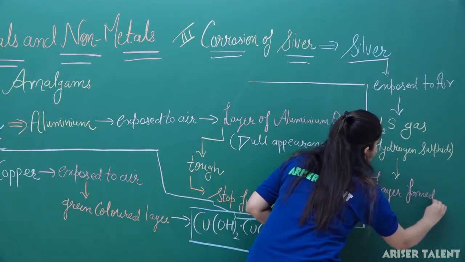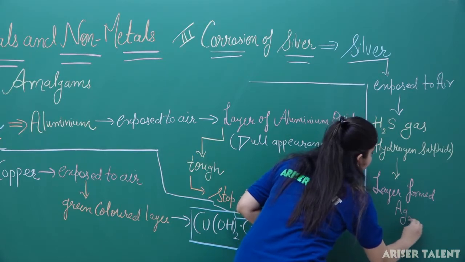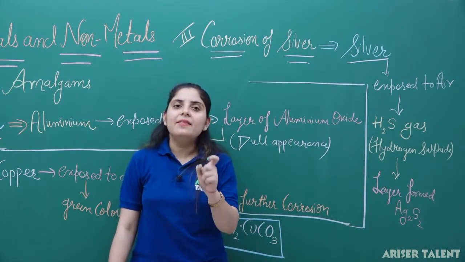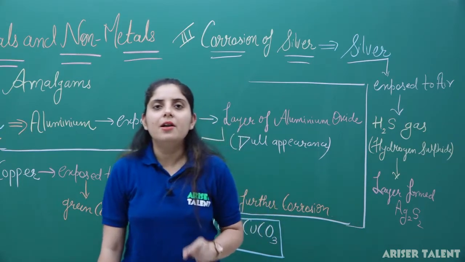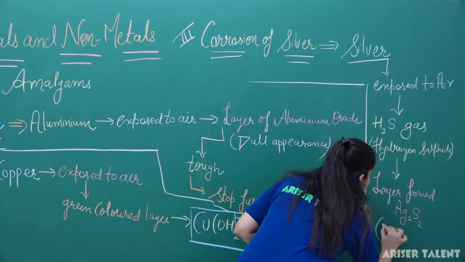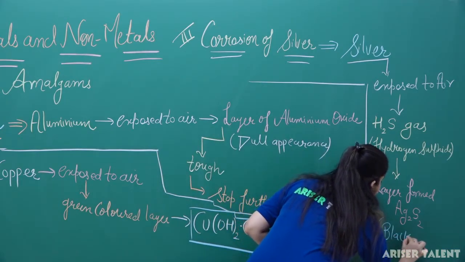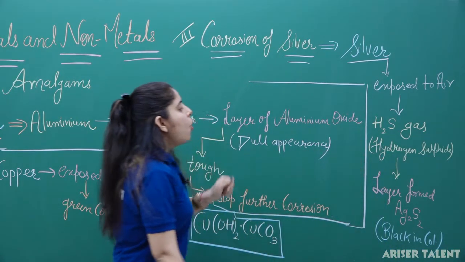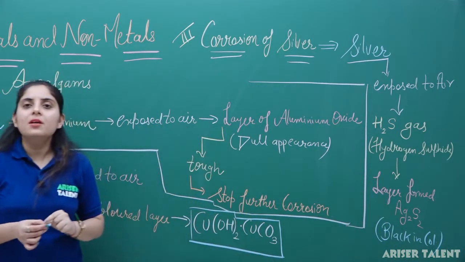This layer is known as Ag2S, that is silver sulfide, and this layer is basically black in color, which makes the silver appear black. So this is all about the corrosion in case of silver.